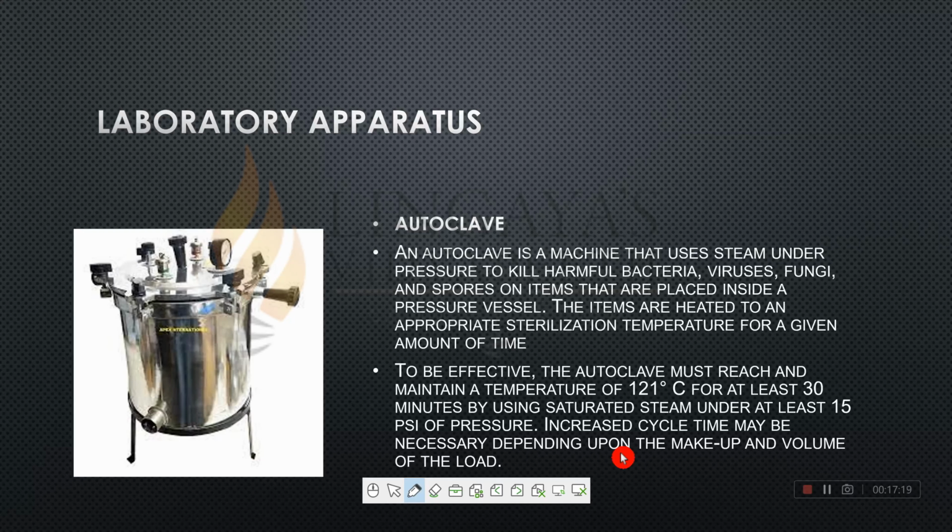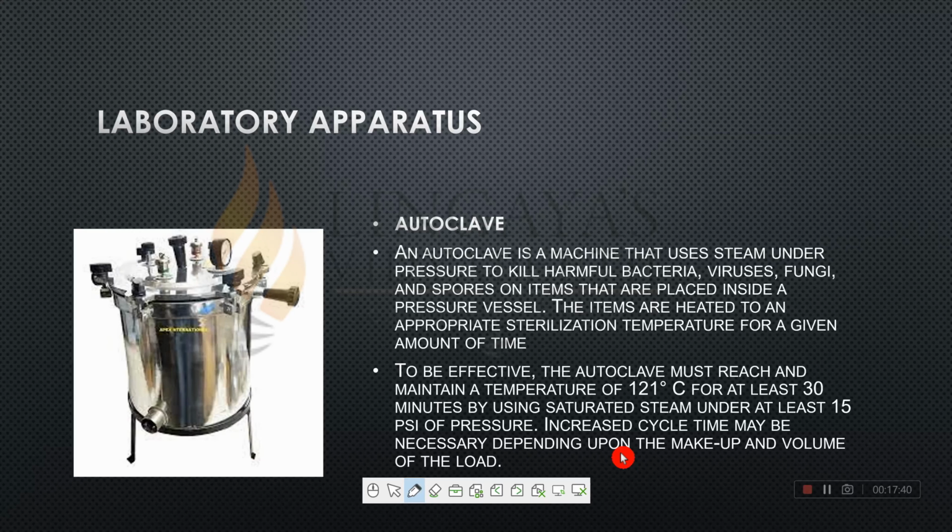It is a machine or an instrument that works on the principle of steam under pressure to kill harmful bacteria, viruses, fungi and spores on the items that are placed inside its vessel. Items put inside the autoclave are heated to an appropriate sterilization temperature.